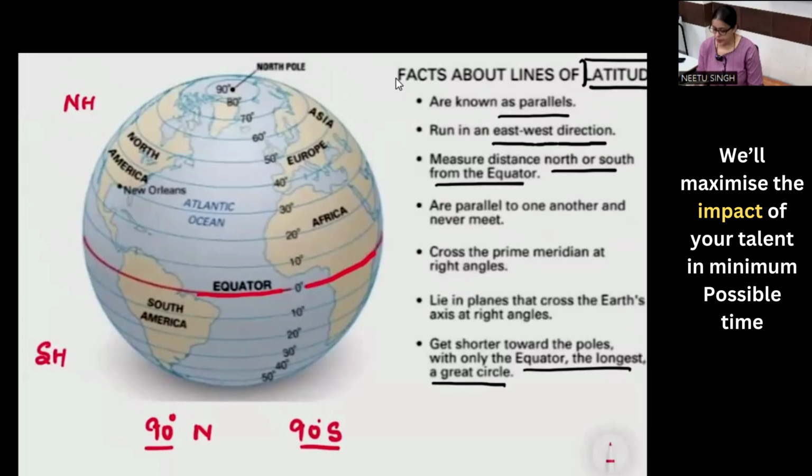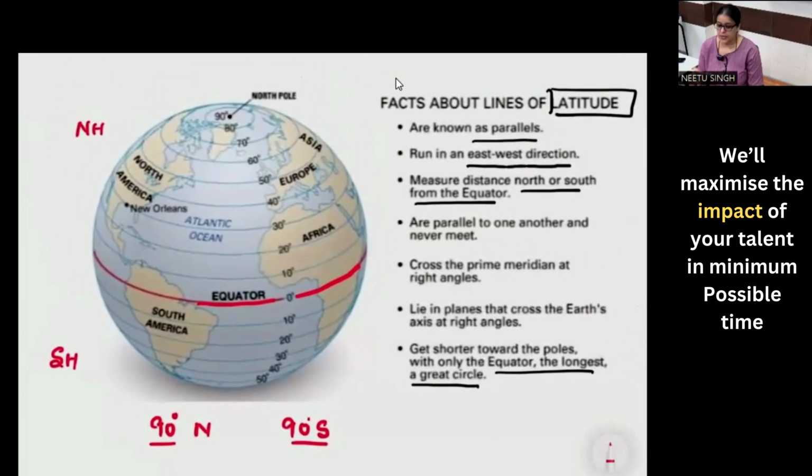Each hemisphere will be incorporating 90 degrees of latitude because a circle has got 360 degrees. So if you are making circles, 90 degrees, you are covering 180 degrees, north and south. Latitudes, the parallels, are drawn at angular distance from equator.